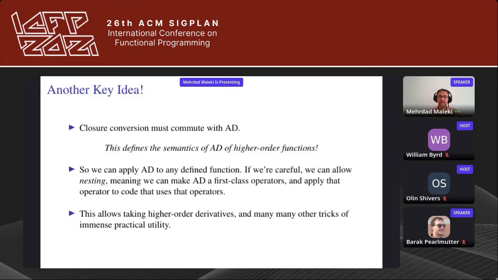So we can apply AD to any defined function, and we can make AD a first-class operator that operates on code that uses the operator. We could also do higher-order derivatives by nesting applications of forward AD in the evaluator.